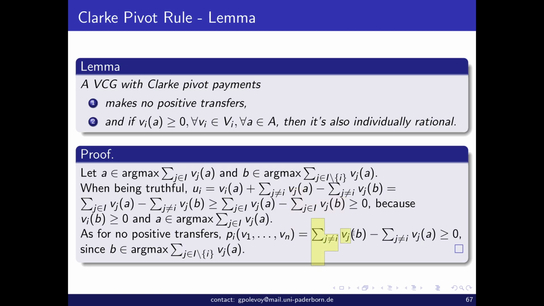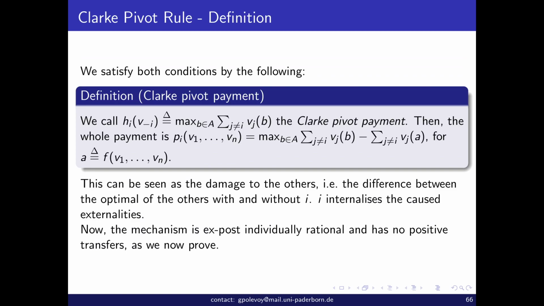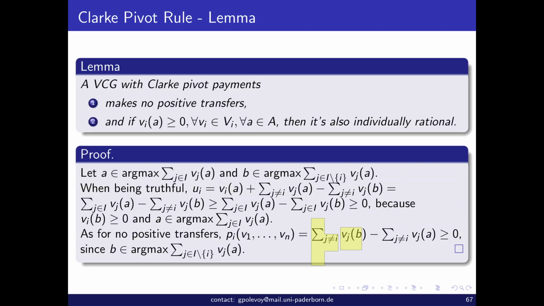And remember that HI is simply the sum of what the others tell us when we optimize for them, the pivot payment, minus the sum of what they tell you they feel when we actually choose according to the algorithm, A here, by the mechanism.